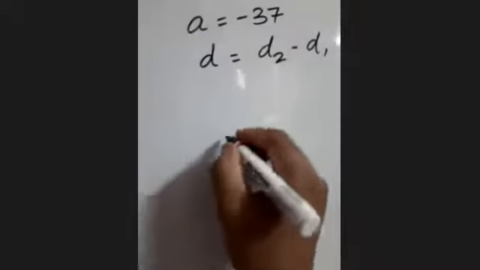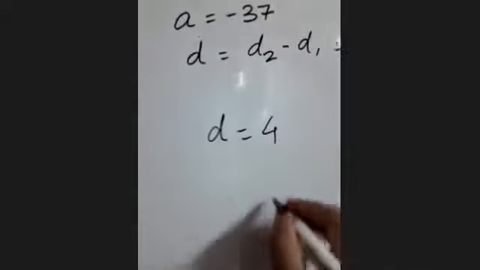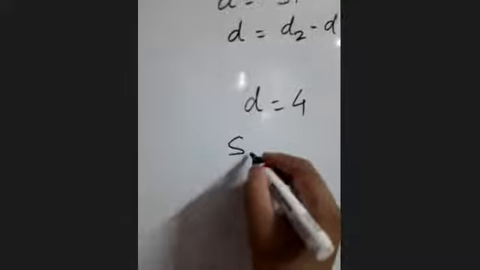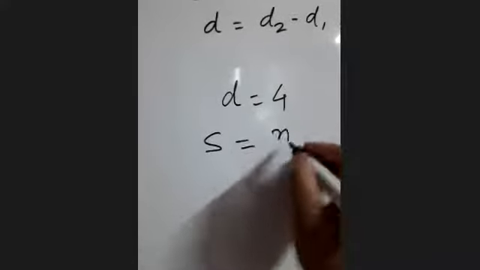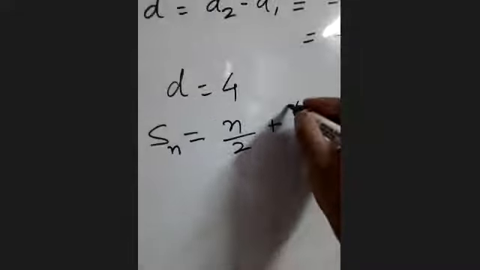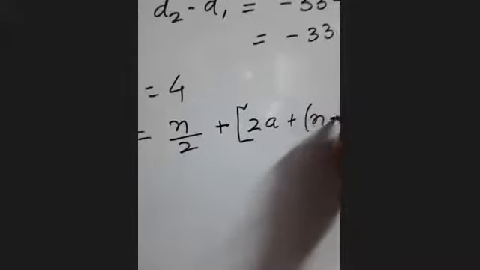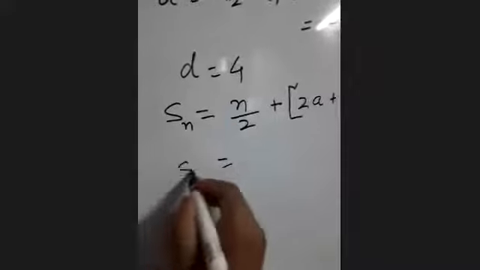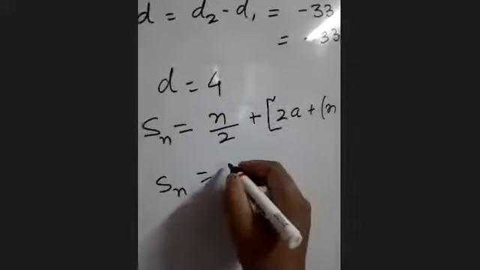Okay, now we have n, we have A, and we have D as well. So D is 4. So the first formula, S equals n upon 2 times (2A plus (n minus 1) into D). Now put the values we have. N is given as 12.